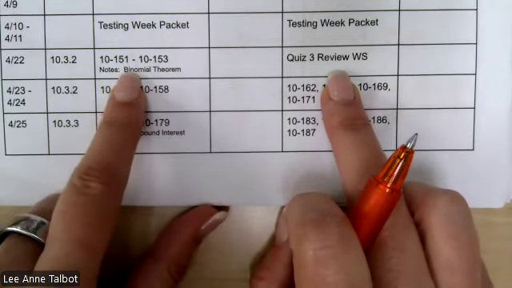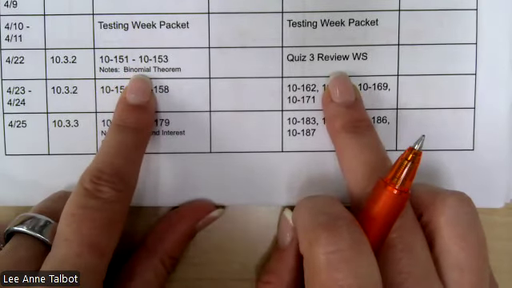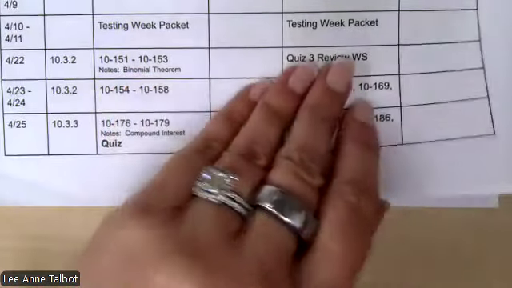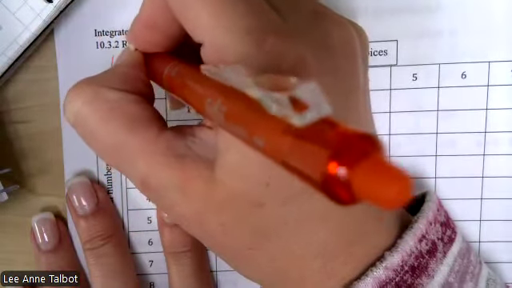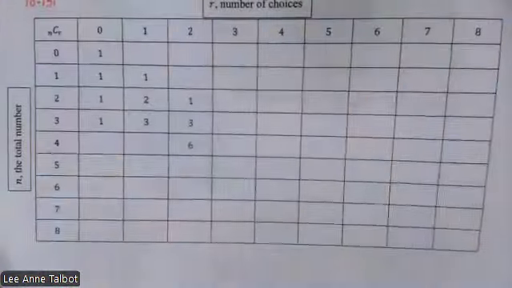We're going to do this right now, 151 to 153 with notes on the binomial theorem. And we're going to use a resource page to start. Hopefully you noticed that from my notebook being up there. This problem is 10-151.